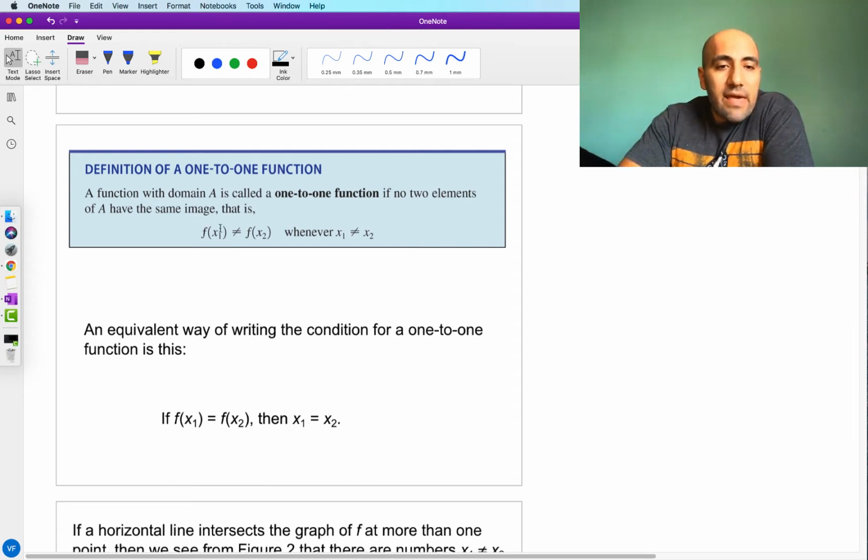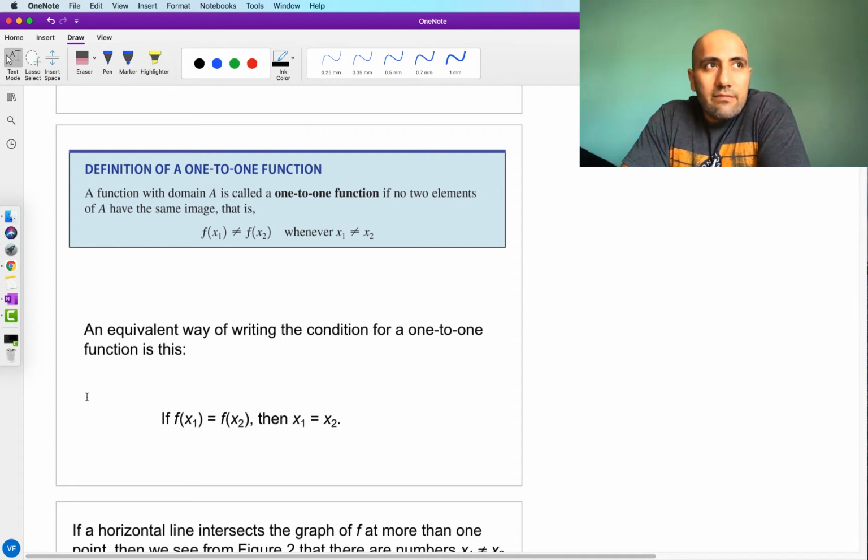This is mathematically equivalent to this one, and I think it's just a little more straightforward, right? So an equivalent way of writing the condition for a one-to-one function is that if f of x sub 1 equals f of x sub 2, then it must be the case that x sub 1 equals x sub 2, right?